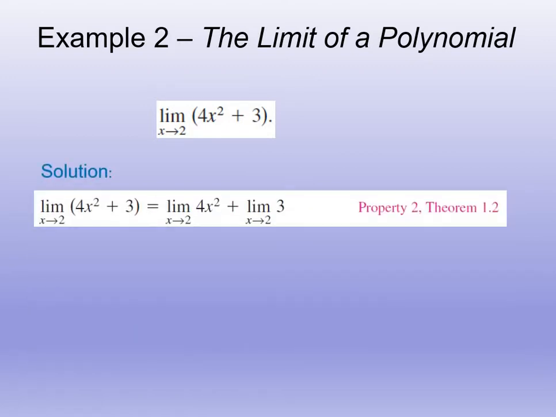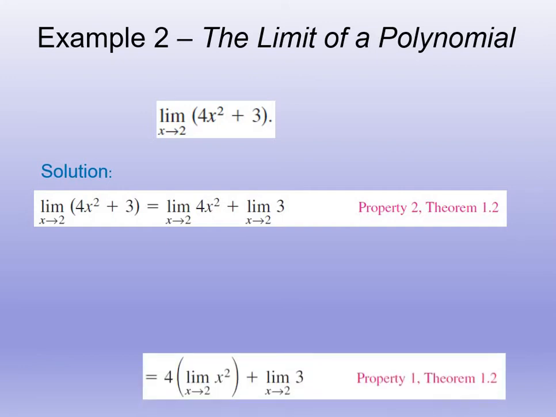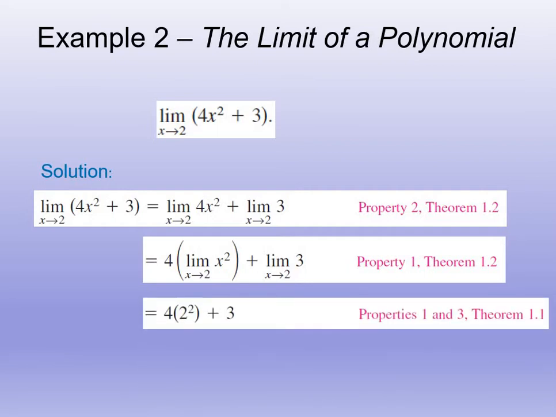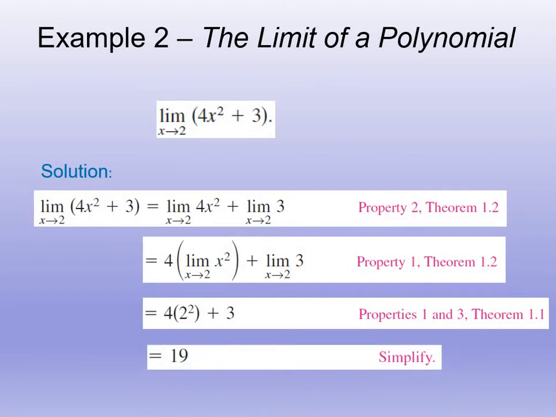But if you apply the properties, you need to break these into their separate limits. We rewrite that as the limit of 4x squared as x approaches 2 plus the limit of 3 as x approaches 2, and evaluate each one that way. We're using the scalar in the first one, so it's just 4 times 2 squared plus 3, still ending up with 19.